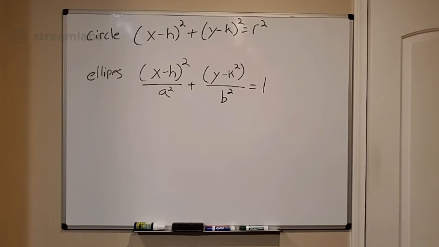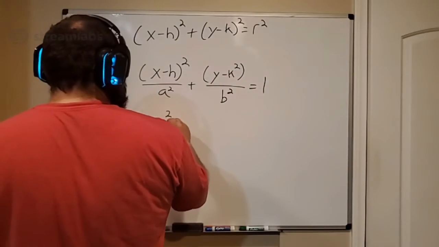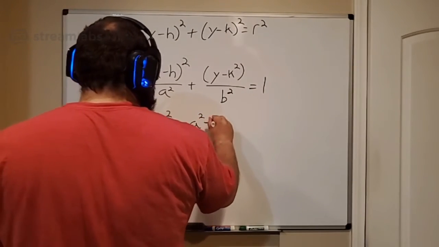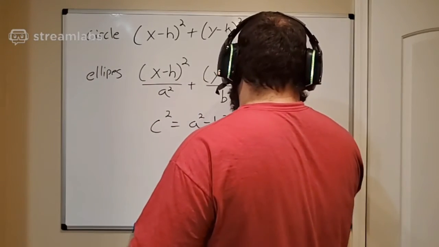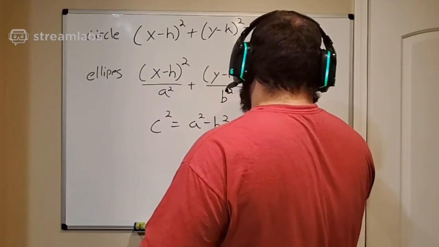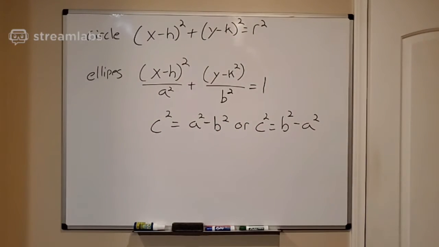So c squared is equal to a squared minus b squared, or b squared minus a squared. It doesn't really matter which one, you don't have to memorize which one goes first, just whichever one is bigger will give you the correct value. So that's why you have both of those equations. If a is bigger, a goes first. If b is bigger, b goes first. So it's pretty straightforward. Just always do subtraction.